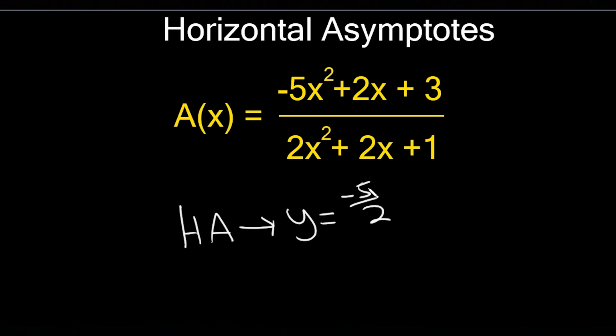So as you go to positive infinity, it will not be crossing, right? It will be approaching. And as you go to negative infinity, same thing, it will be approaching, not crossing. But don't be taken aback if you see that it does end up crossing your horizontal asymptote in between the infinities. That is a possibility, and that does happen from time to time. That doesn't mean it's wrong.